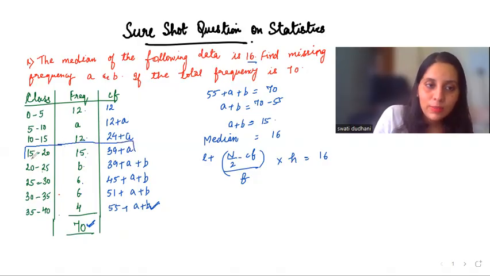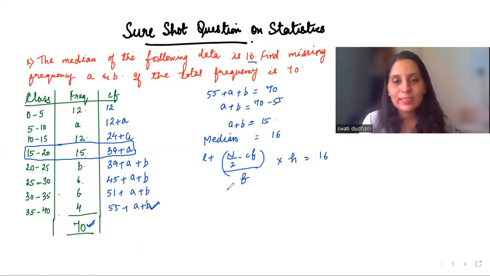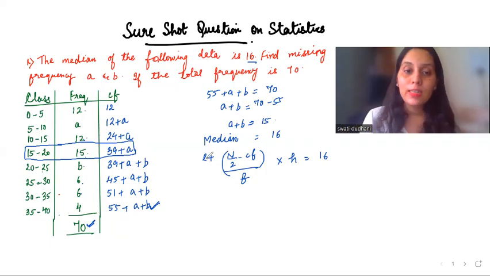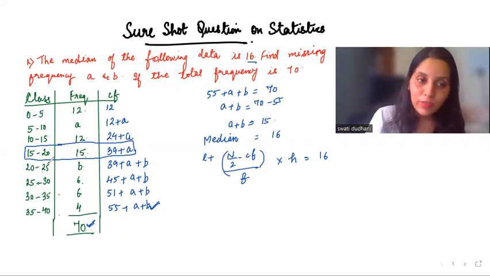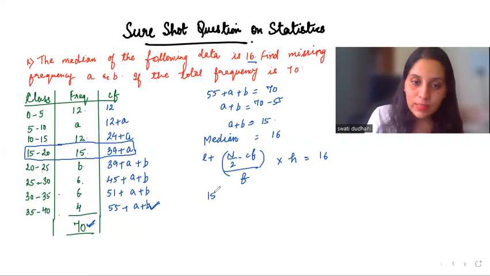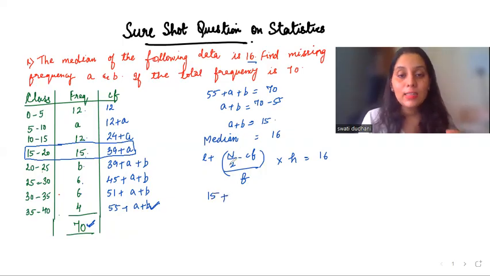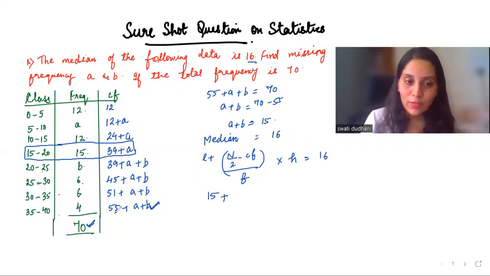So this is my median class. Once we get the median class, you can easily get the values for the formula. L is the lower limit of the median class. Here the median class is 15 to 20, so the lower limit is 15. N is the total frequency, which is 70, so 70 by 2 is 35.